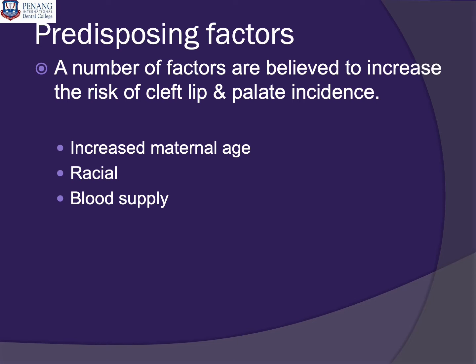Some races are more susceptible to cleft than others. For example, we can see just now in the previous slide, Mongoloids show the greatest percentage of incidence. And thirdly is blood supply. Any factor that reduces blood supply to the nasomaxillary area during embryological development predisposes to cleft.